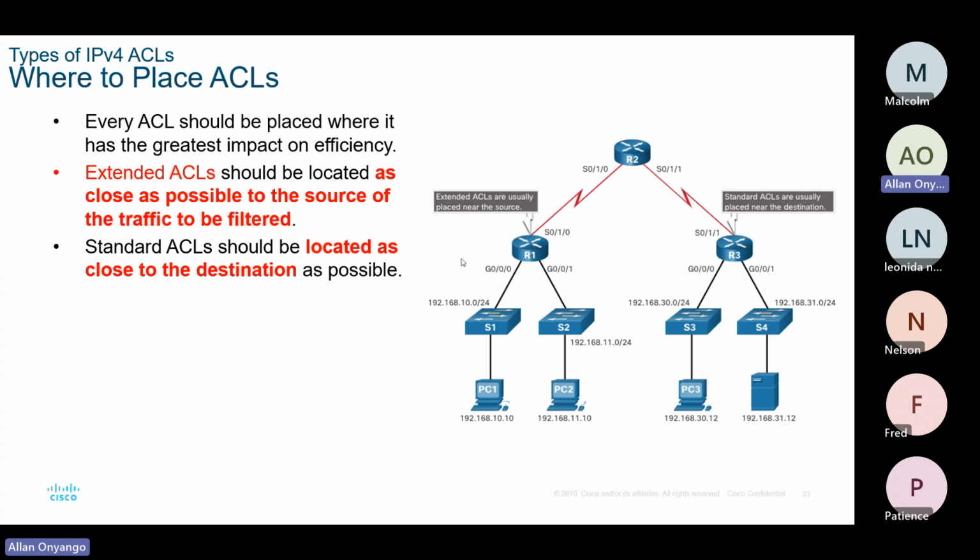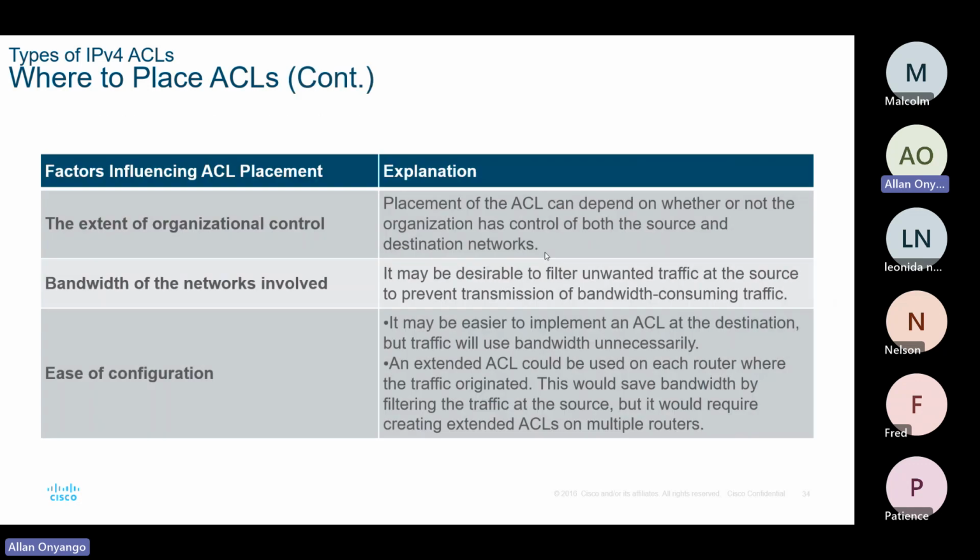The standard ACLs must be put as close as possible to the destination. So if the server is the destination, and the router closest to it is R3, then you're going to put it on R3, probably on G0/1, and of course we will look at those variabilities.